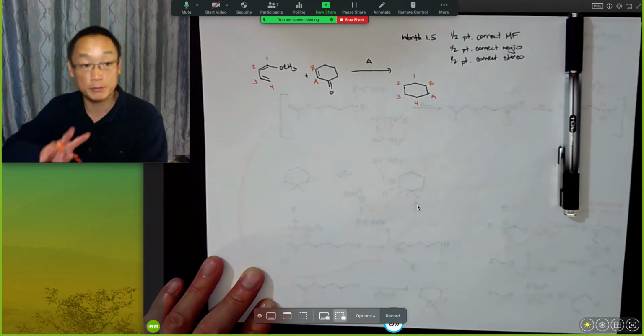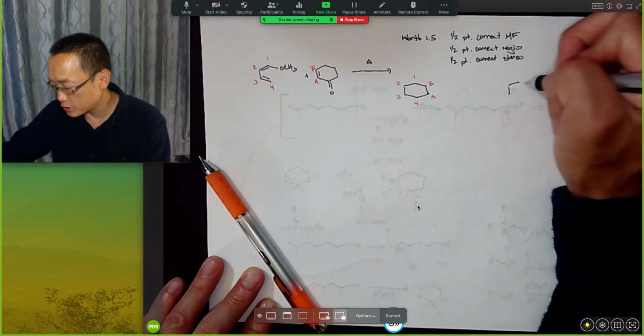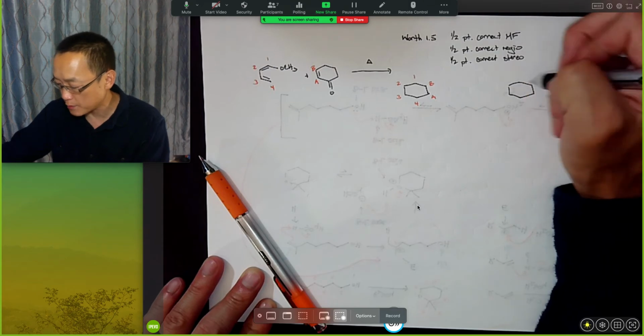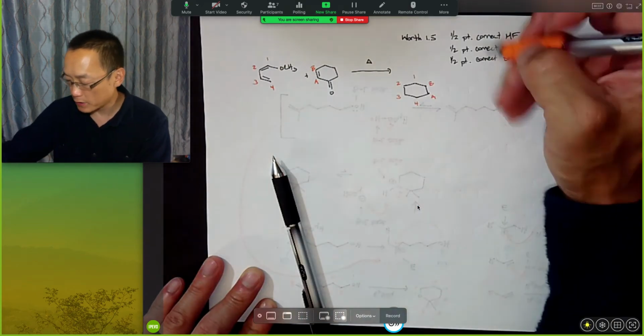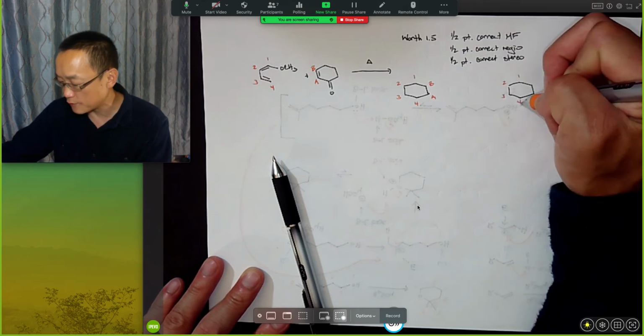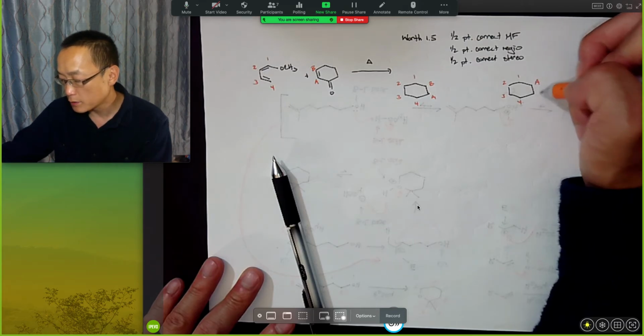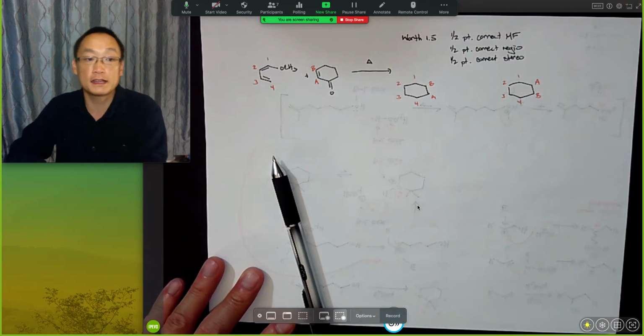And there's some parts I'm going to fill in just a second. Or the other way by which this reaction could take place is by forming this 6-membered ring wherein the arrangement of A and B with respect to 1 and 4 is flipped. A and B. That's it.